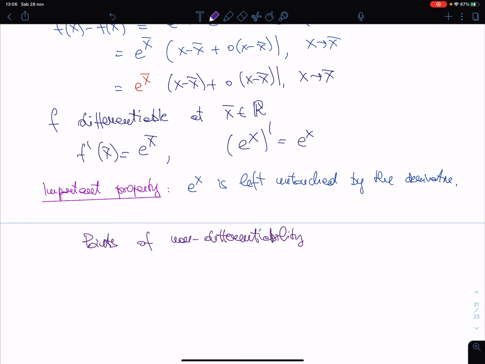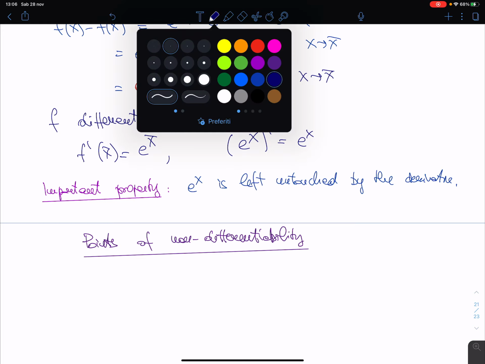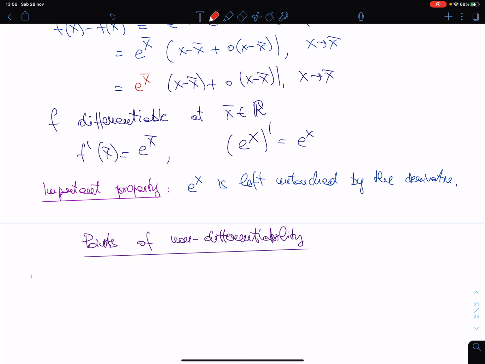The first thing to be said here is the following theorem. Or it is not so huge as a theorem, let me say just proposition.